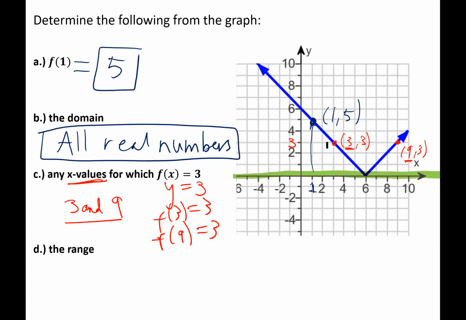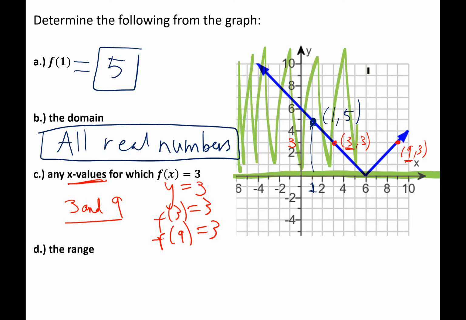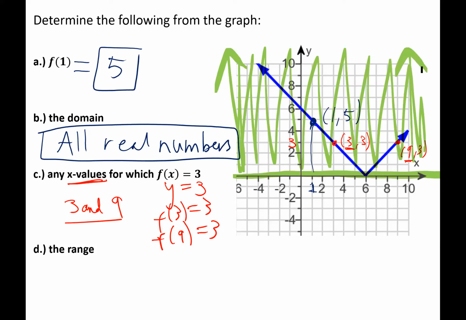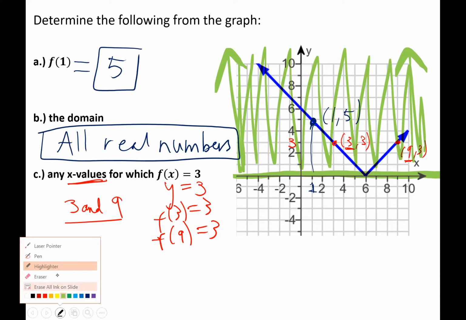There's no negatives. In terms of the points on this graph, there's no points that have negative values of y. The graph does continue up forever. We do continue up this way, but there's a lowest value. So how would we answer that? Let's write it out.